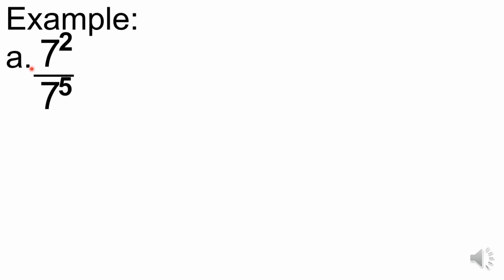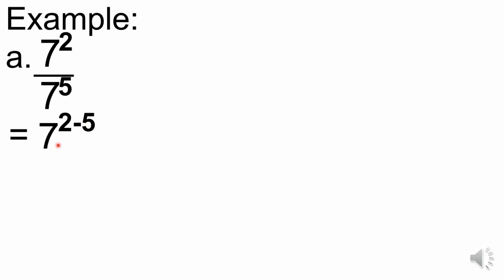Okay, let's have the last 3 examples of our last rule. We have, for A, 7 squared over 7 to the 5th power. So, applying the quotient rule, wherein our m here is greater than n, all you need to do is to subtract 5 from 2.